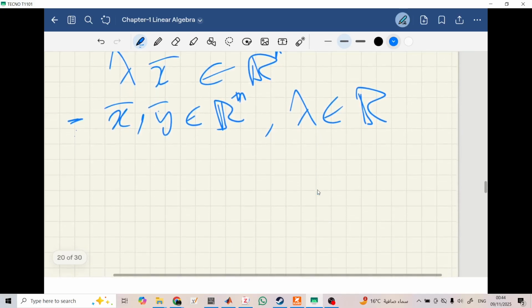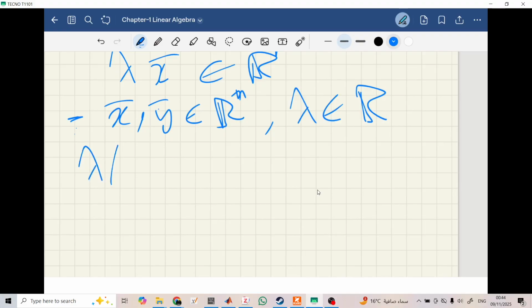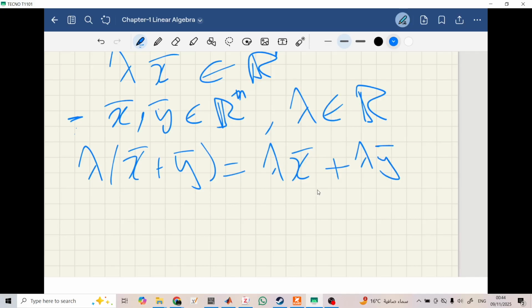We have lambda times (x plus y) equals lambda x plus lambda y, and we have shown that lambda x belongs to Rn, lambda y belongs to Rn, so this belongs to Rn as well, which is good.